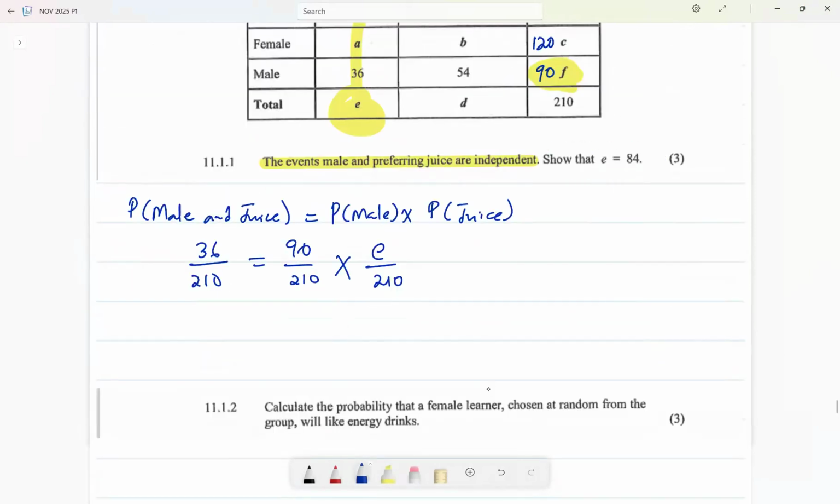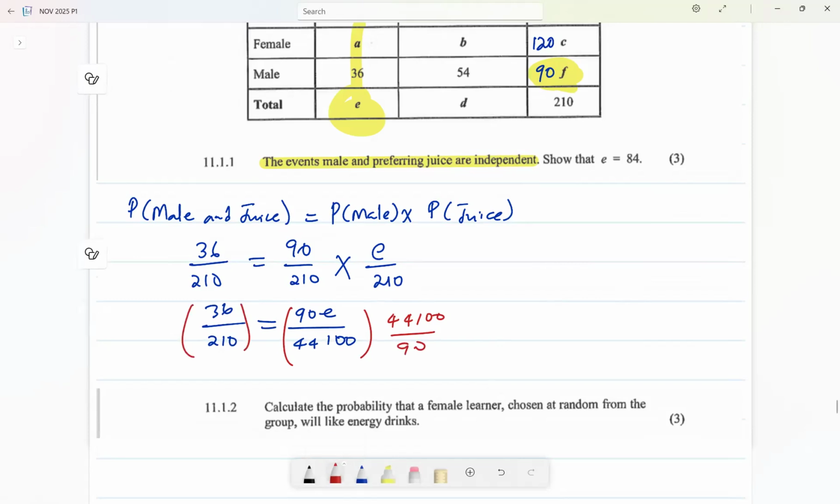Okay, let's do that. Let's say 36 divided by 210 is equal to 90E divided by 210 multiplied by 210. Then I'm going to multiply everything by the reciprocal. I'm going to multiply by 44 100 divided by 90 on both sides.